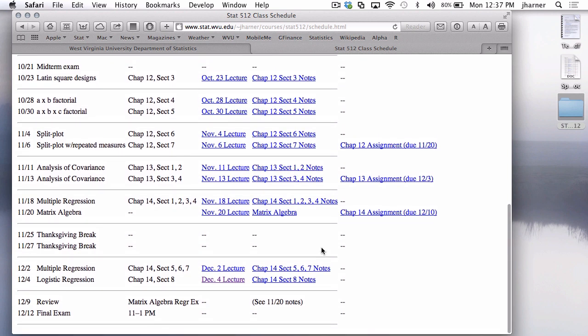Now again, that's an assumption. If that assumption is violated, then you have some difficulty with that block model. The Latin square, you remove two sources of variability. That's a less important model than the block design. The problem is that you have rows and columns and treatments, and they all have to be equal. So if you have A rows, you have to have A columns and A treatments.